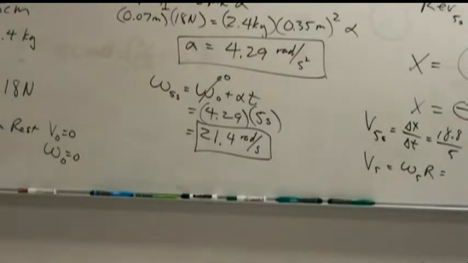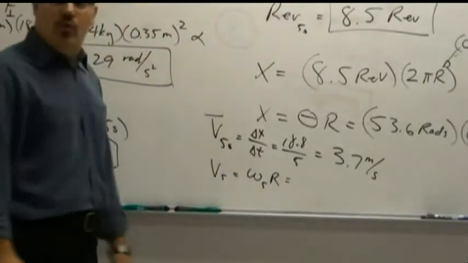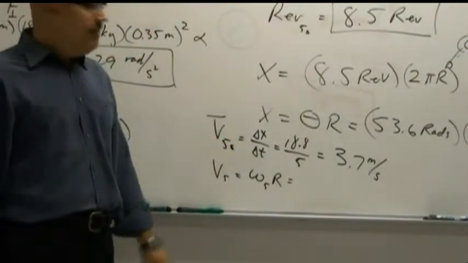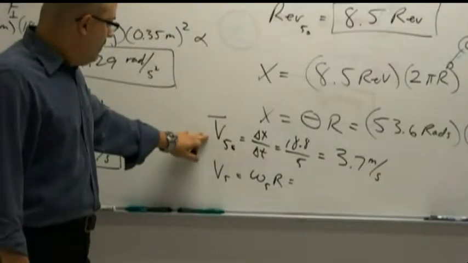What did we mess up? Delta x over delta t is the average velocity. What's the velocity at 5 seconds? Instantaneous. Yes, that's correct. This is the average velocity.